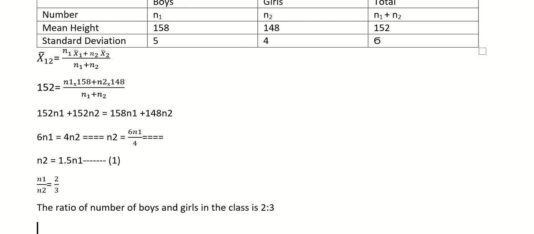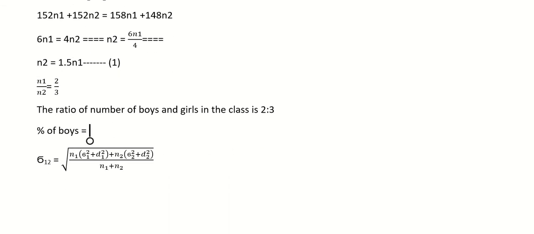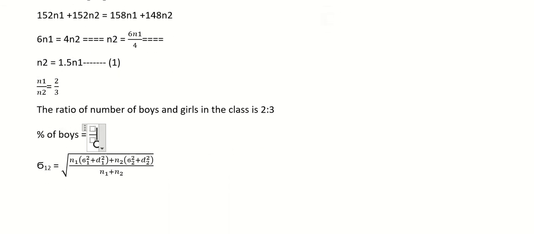So now I can calculate the percentage of boys and girls. To calculate percentage of boys, I will use this ratio only. So boys were 2 because n1 was 2. So 2 divided by 2 plus 3 into 100 because we have to find the percentage.